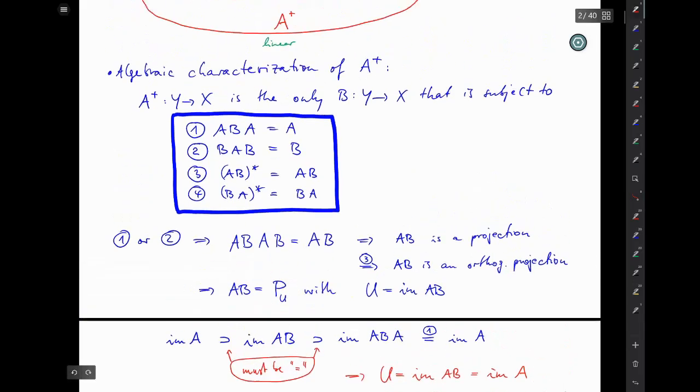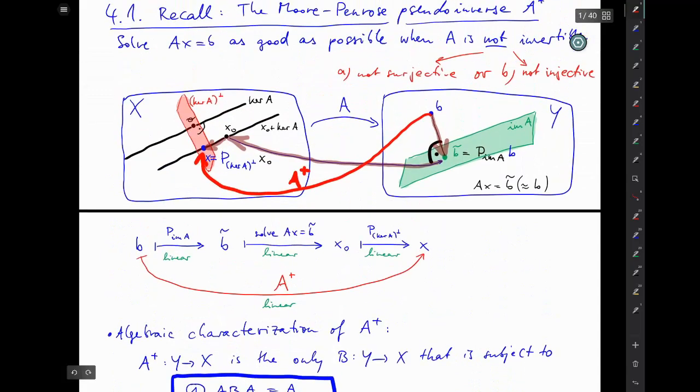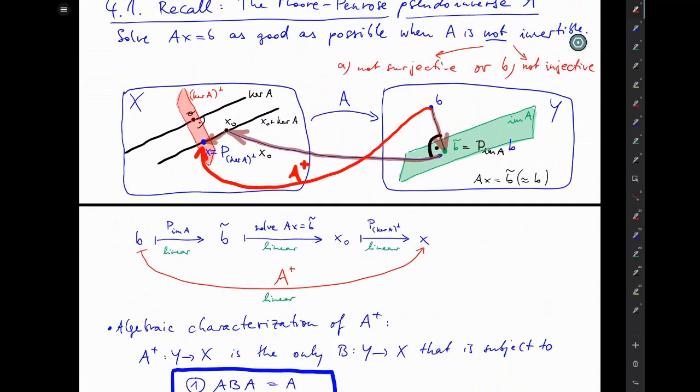And of course that totally fits in with what we are drawing here. So the operator AB, well, B comes first, right, because we read from right to the left. So your operator B starts in Y at some point. Well, let's take B as a starting point because this is an arbitrary point here. And then B, which is the Moore-Penrose pseudo-inverse, takes you, we can see it here, to little x.